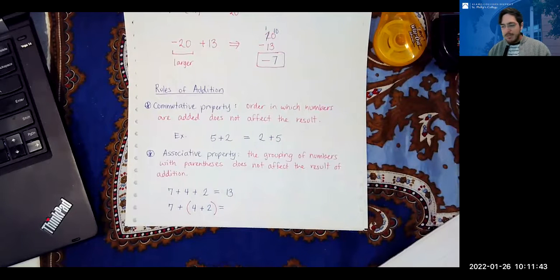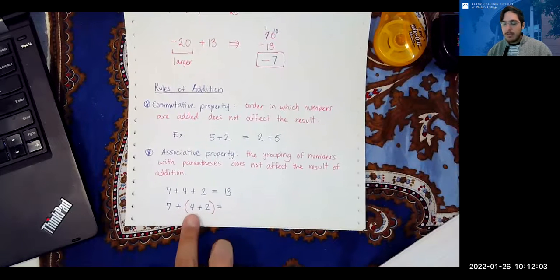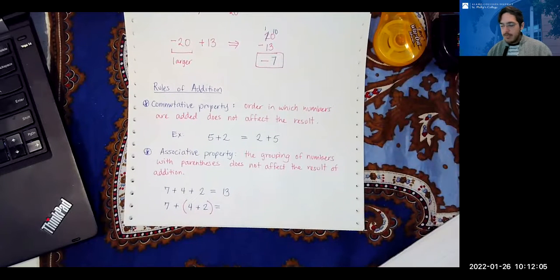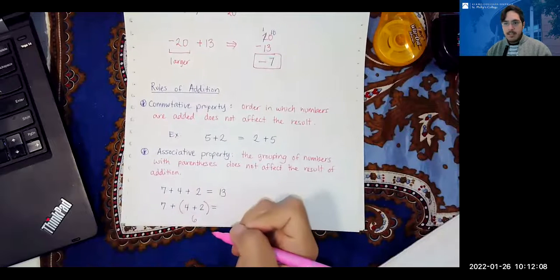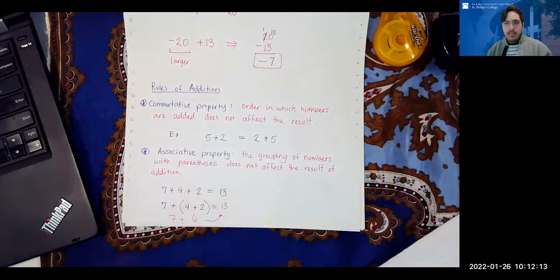I told you straight up before we started this that it should not change the result if I throw parentheses into the problem, if we're just purely adding, nothing should change. The parentheses that I threw into the problem are just saying, if you remember your order of operations or PEMDAS, do the parentheses first. 4 plus 2 is 6. And then we can add the 7, still get 13. So clearly the parentheses didn't matter if we are just purely adding.